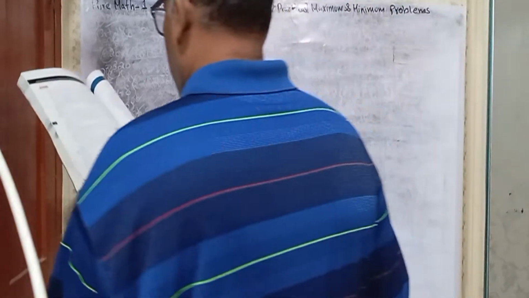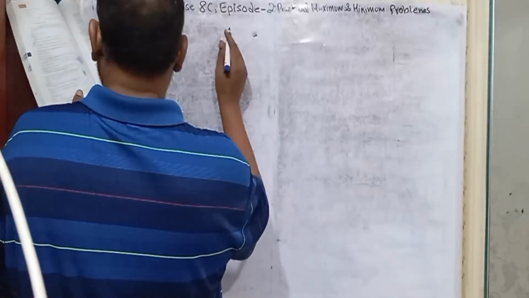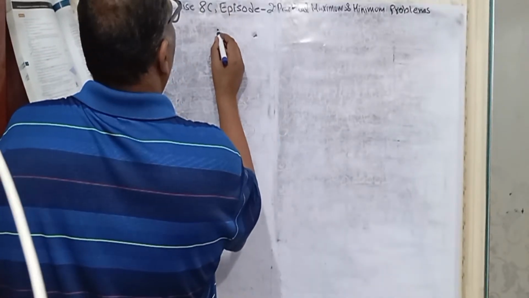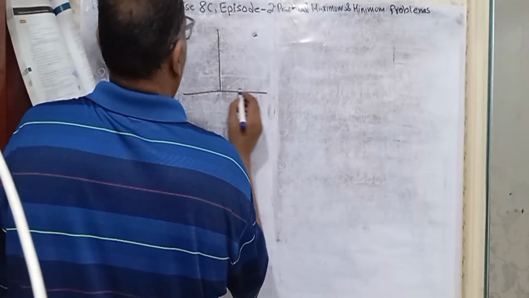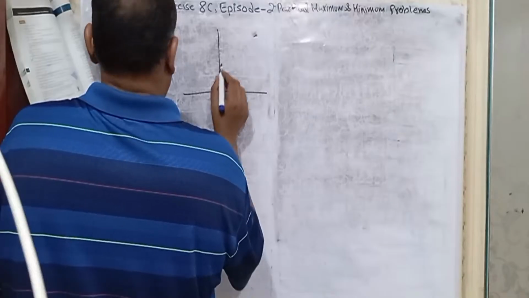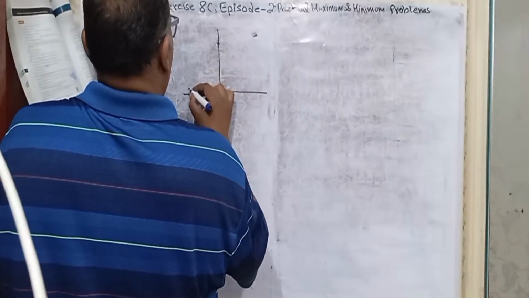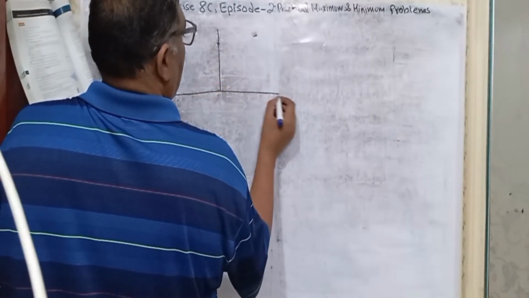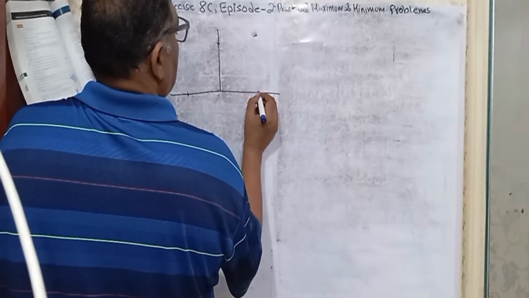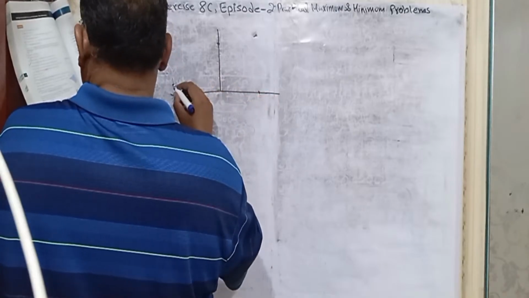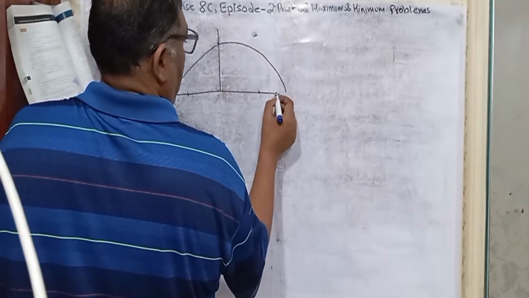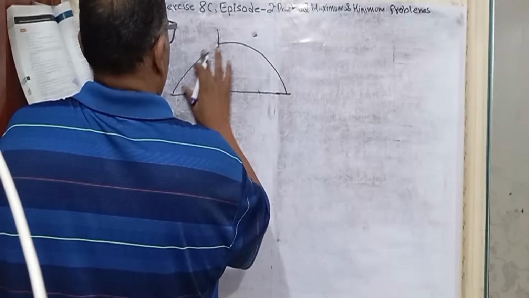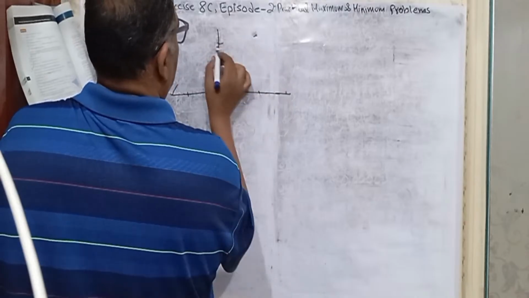In question number 6, we have a parabola. Here you have the x-axis, here you have the y-axis, and this is the shape.